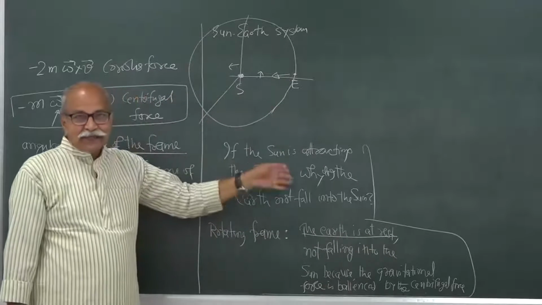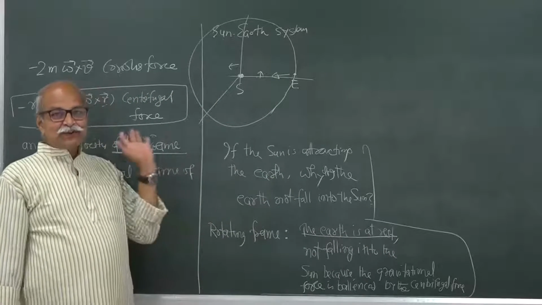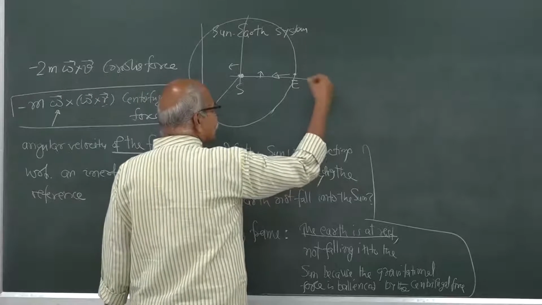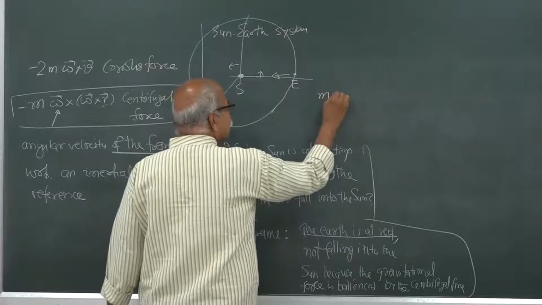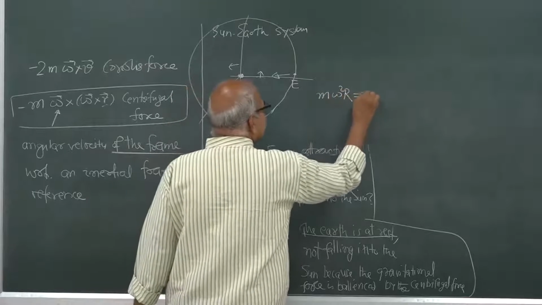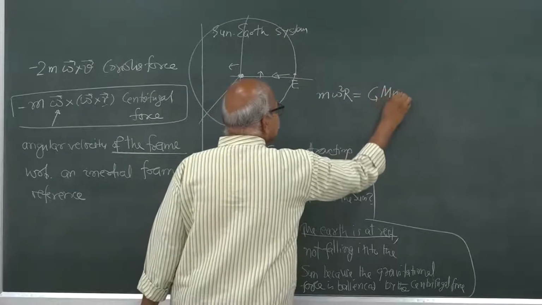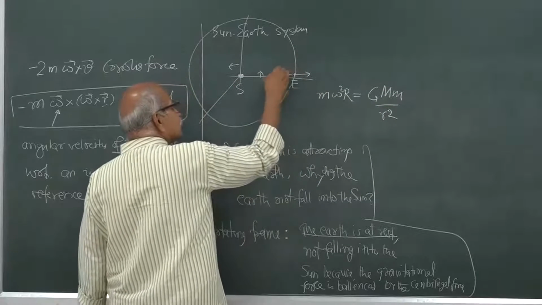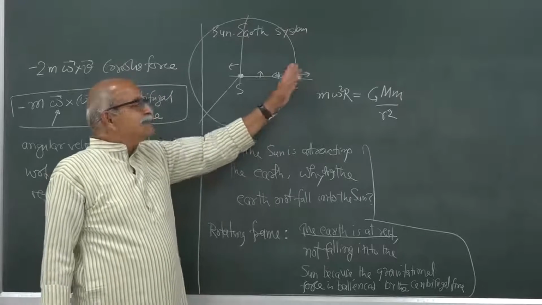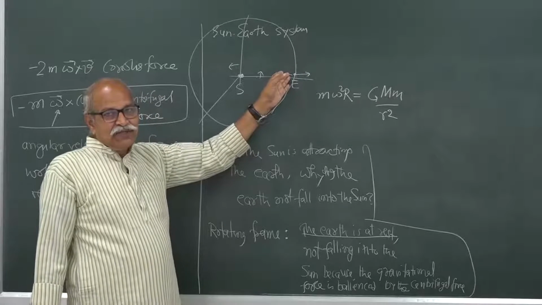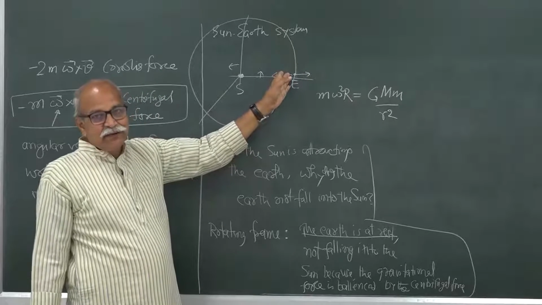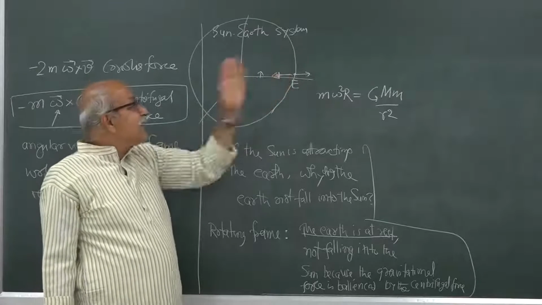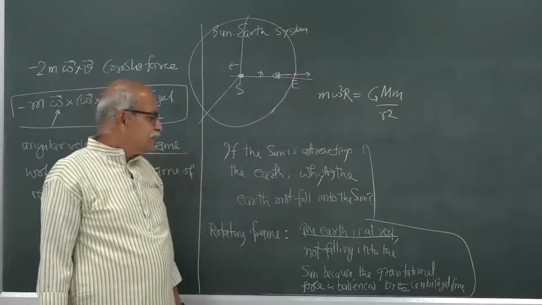Therefore, I do not have to consider Coriolis force, the only pseudo force is centrifugal force, and that centrifugal force m omega cross omega cross r turns out to be m omega square r, and this is G M m by r square. These are two forces, one force is this way, another force is this way, and these two forces balance each other. The resultant force is 0, so resultant acceleration is 0, and if it is not moving, it will not move. So, it will just stay there. This is the correct sentence.